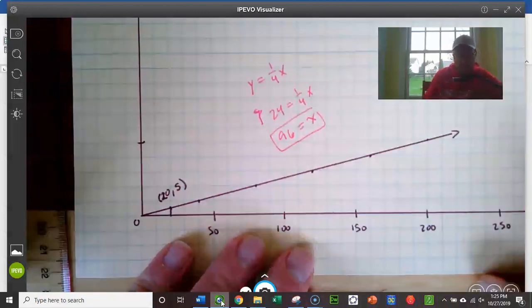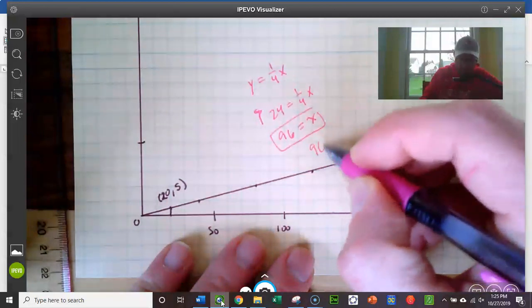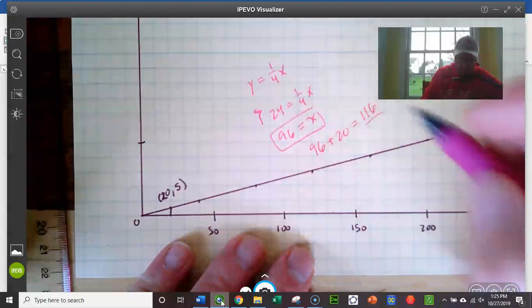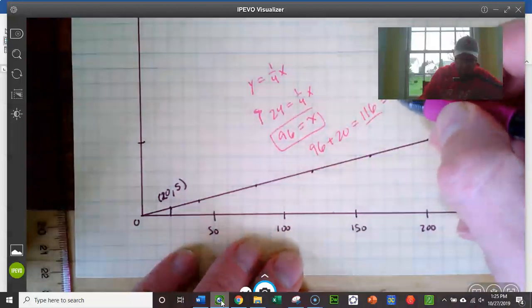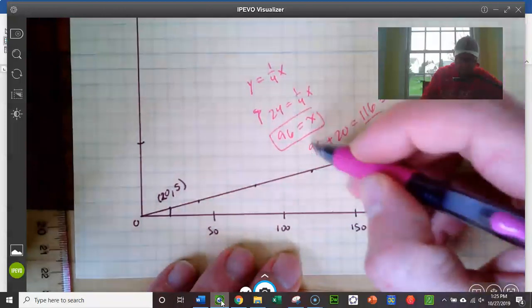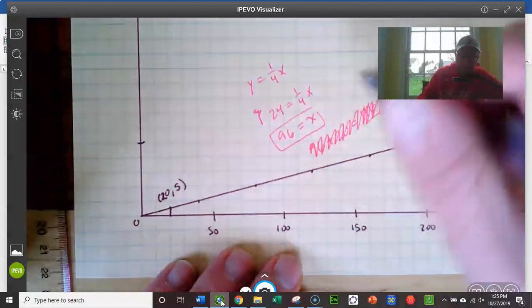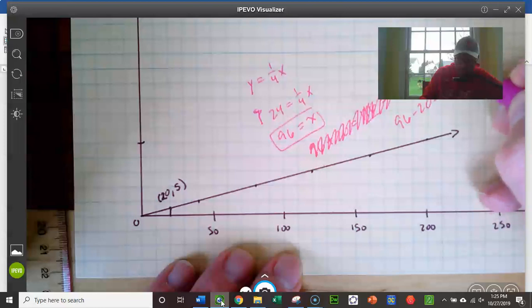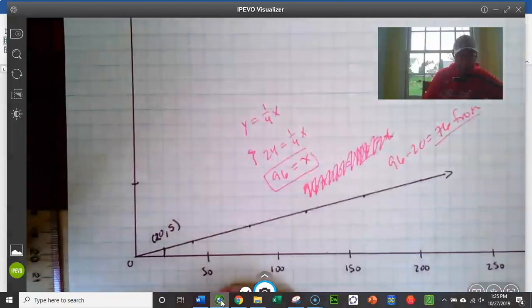So it should be 96 feet from the street light. So 96 plus 20 equals 116. Or no, what am I doing here? 96 minus 20, from the street light. Okay.